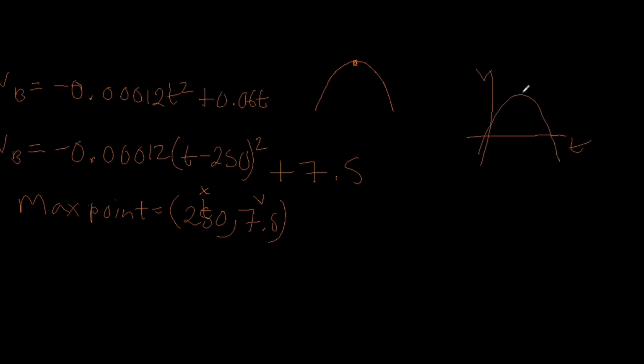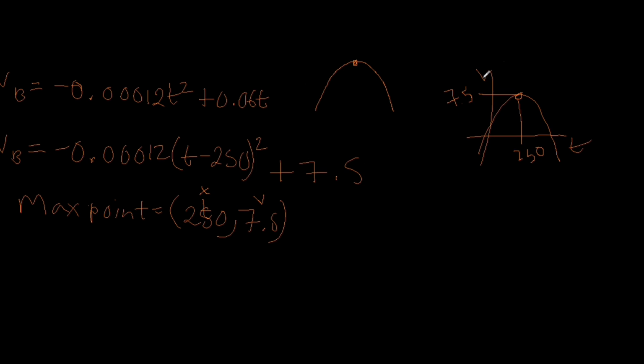So at this maximum point, this here is my 250, and then here is my 7.5. So this is my t equal to 250, and then this is my v equal to 7.5.